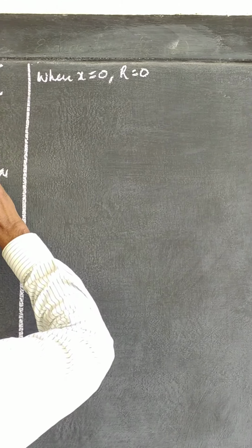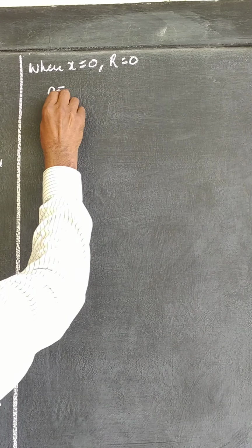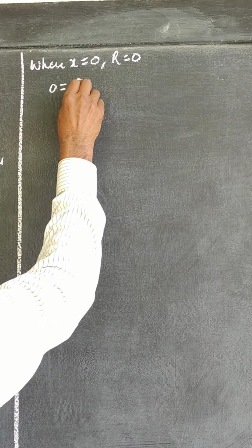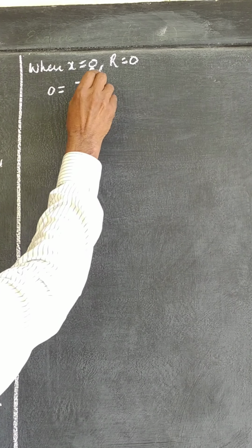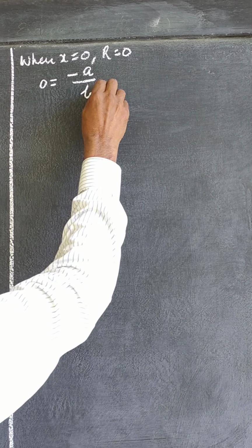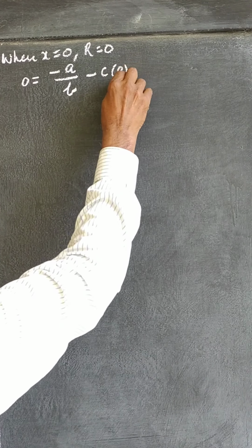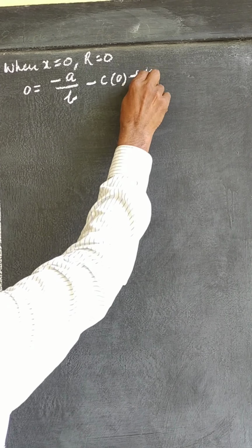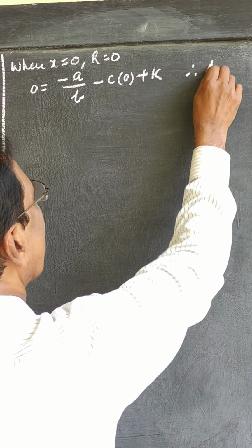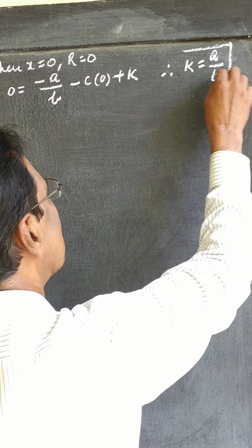To find K, 0 is equated to minus A by B minus C into 0 plus K. Therefore, K value is equal to A by B only.